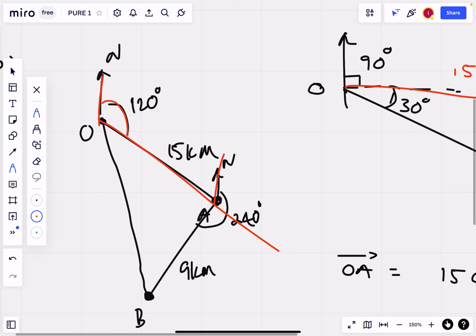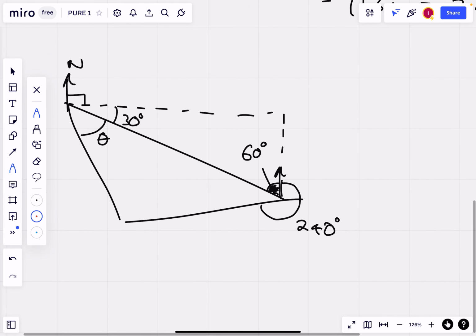If this is 120, then this angle plus the 120 has to add up to 180, which makes that 60 degrees. So what is that blue angle going to be? 60, because it all has to add up to 360.